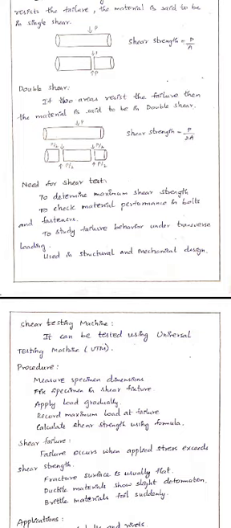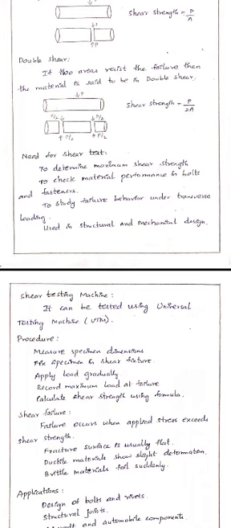So here we can check the performance of the materials used in bolts and fasteners and study failure behavior under transverse loading. Transverse loading is nothing but the load applied in a perpendicular direction, like acting at 90 degrees or so. This is used to study the failure behavior at transverse loading. And it is used in structural and mechanical designs.